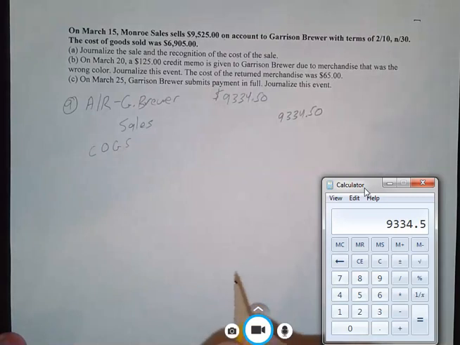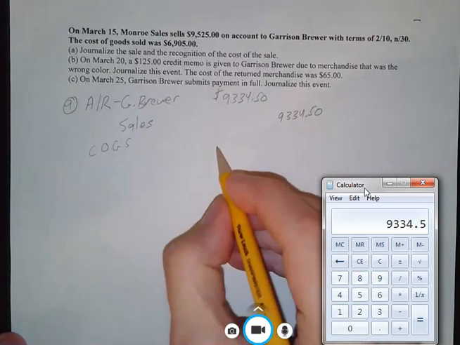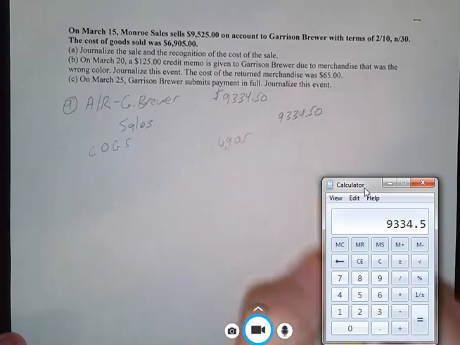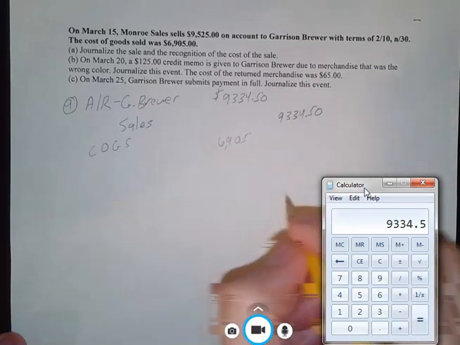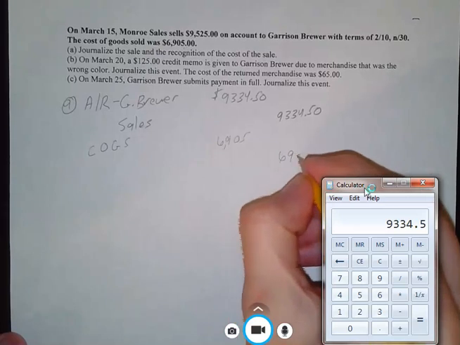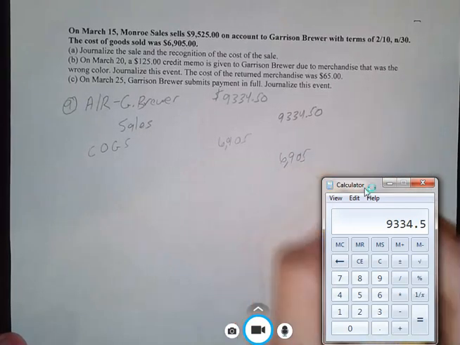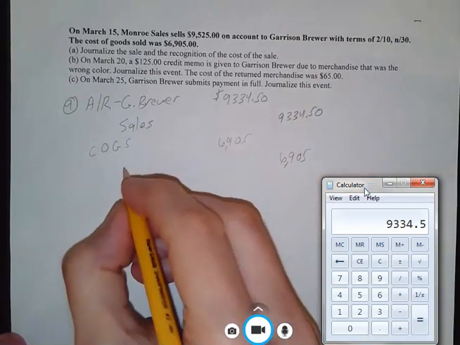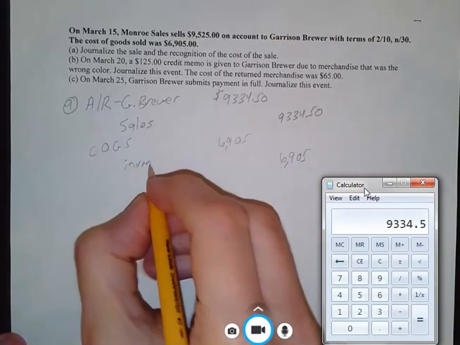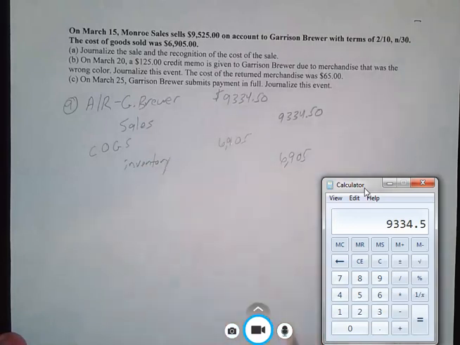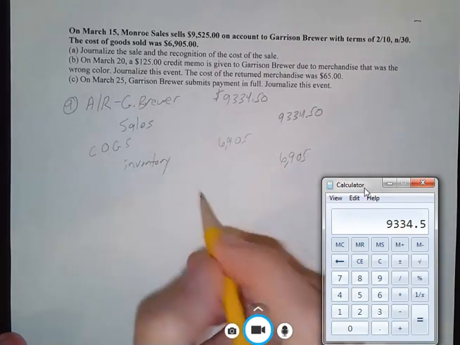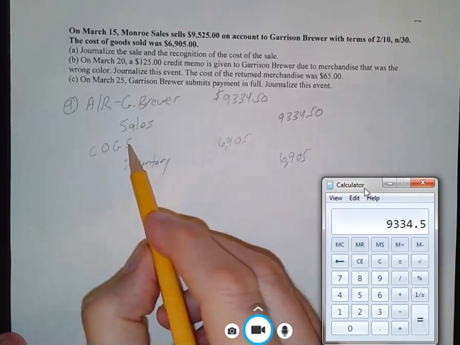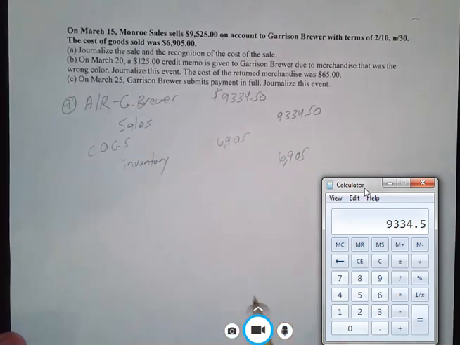Cost of goods sold is going to be our debit for the $6,905. $6,905 is also going to be our credit. What are we crediting? We're crediting inventory. Inventory went down, we expensed it to cost of goods sold. And that's all we have to do for choice A.